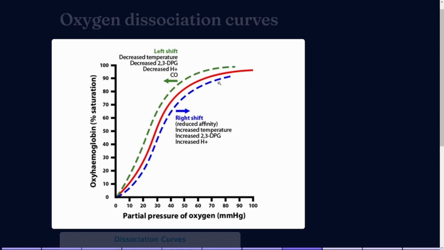That is increased temperature, increased acidity, and difference in PO2 and PCO2 concentration. Obviously, the left shift shows an increased affinity towards formation of oxyhemoglobin, and this is also because of the factors that we studied above, which aid in the formation of oxyhemoglobin.